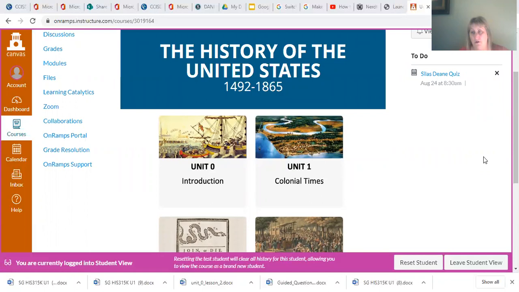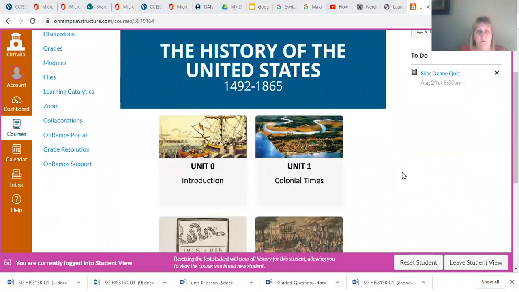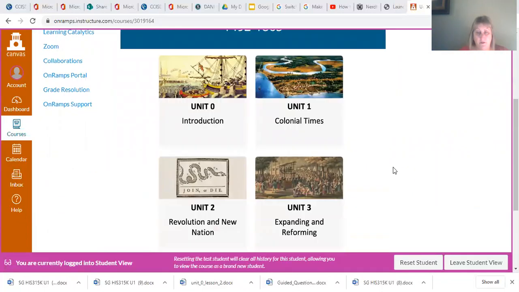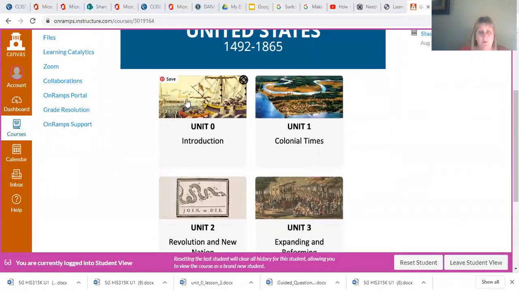And I don't see your college side, so I don't know exactly what that looks like, but this is the student view of your high school. So you should be able to find where your 6 units are listed. It should look like this. And these are the units that we'll be covering this semester. Unit 0 is an introductory unit.